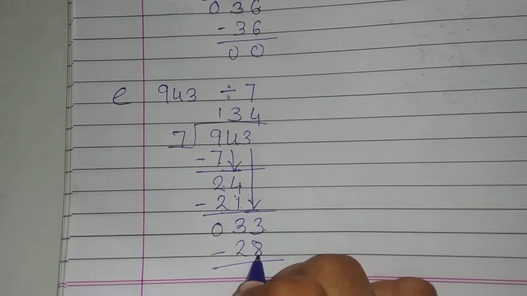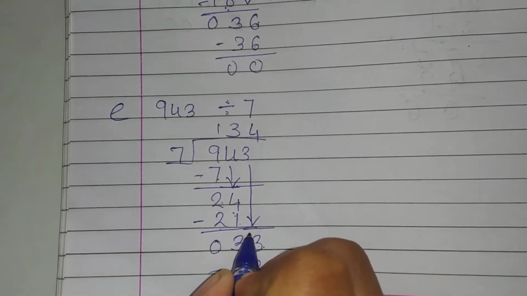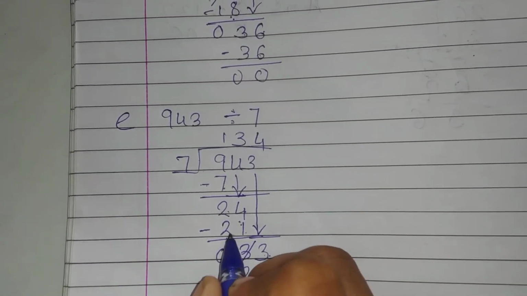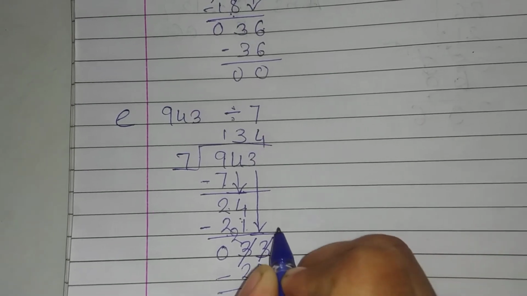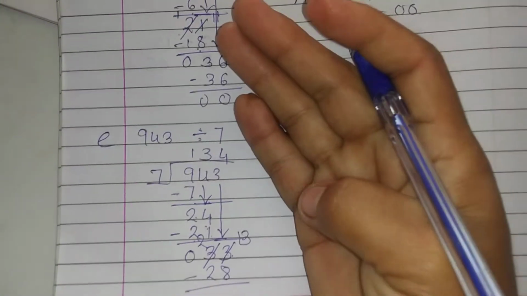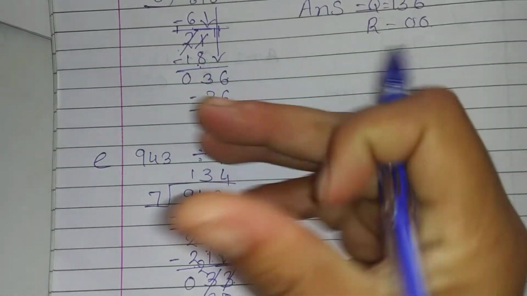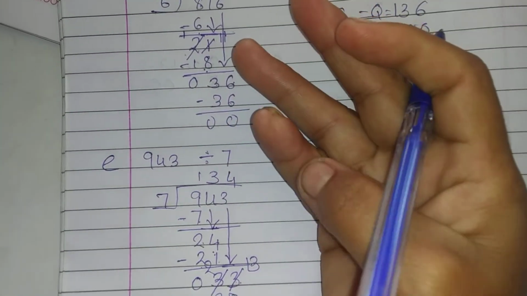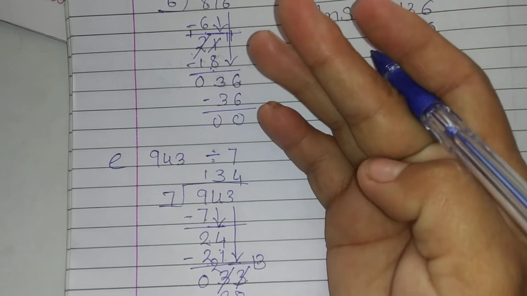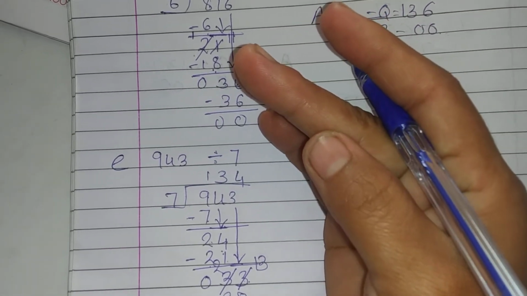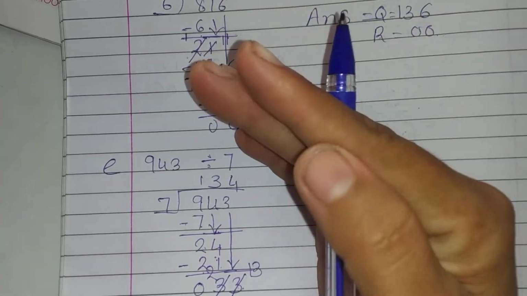3 minus 8 is not possible. So what we have to do, we'll cut the 3 and write 2 here, cut 3 and write 30. 13 on your finger: 1, 2, 3, up to 12, 13. Cut 8: 1, 2, 3, 4, 5, 6, 7, 8. The remaining numbers are 1, 2, 3, 4 and 5.